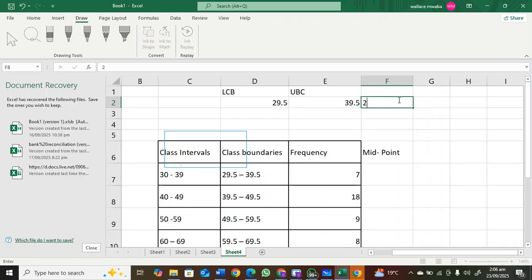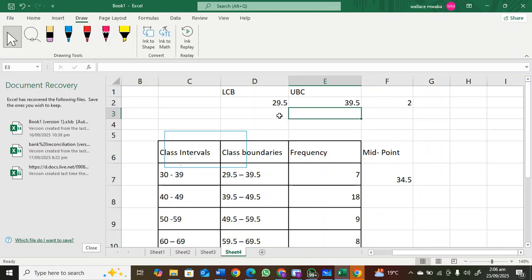Okay, then we're always going to be divided by 2. Okay, so for our midpoint for the first class here, we're going to say lower class boundary plus upper class boundary divided by 2. We get 34.5. That's our midpoint.